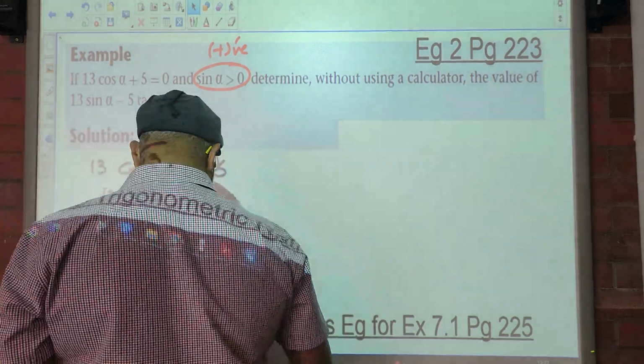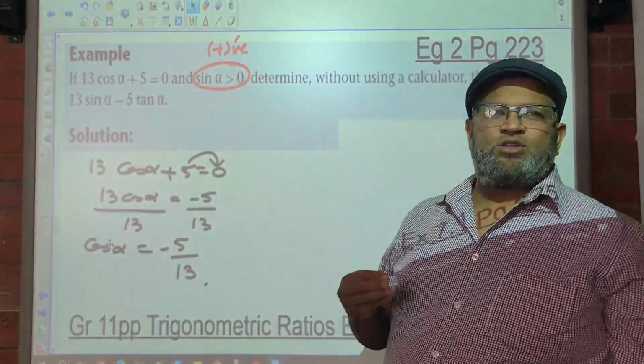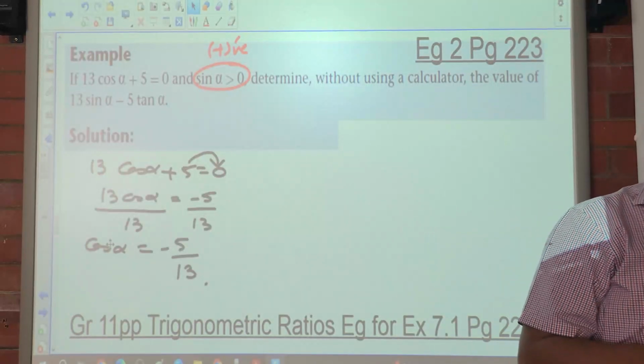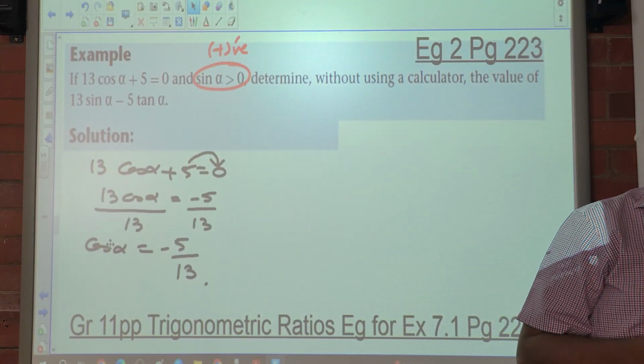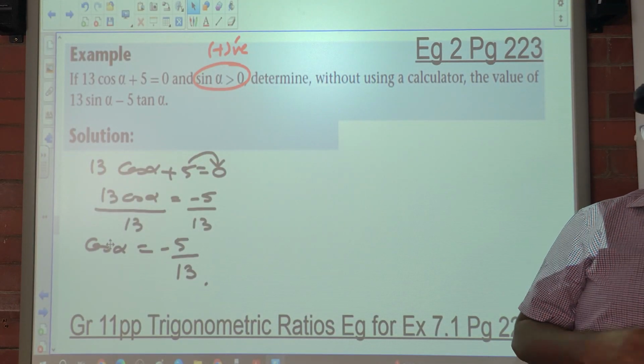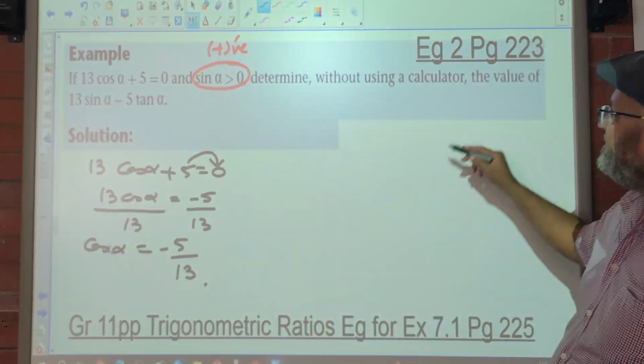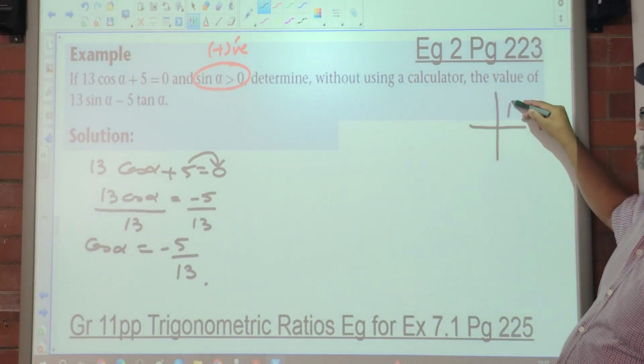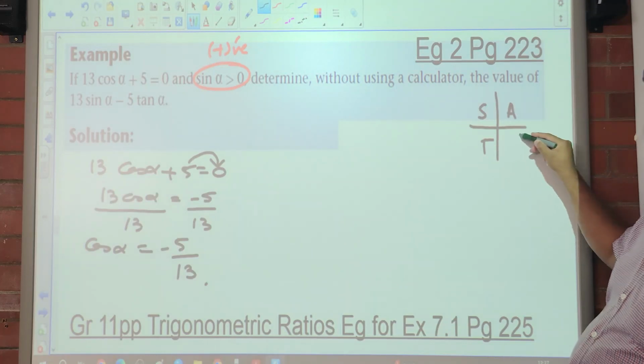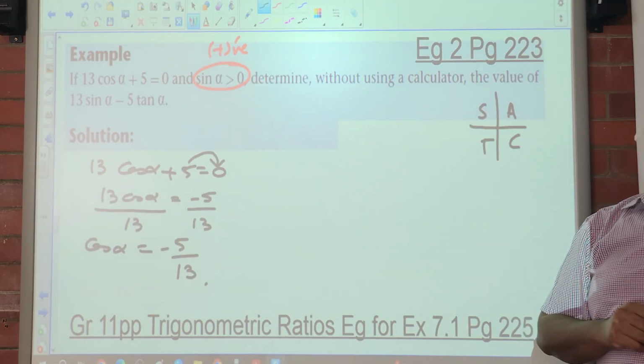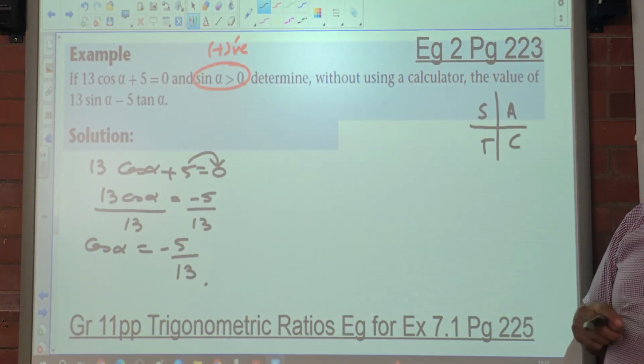Right. So now, before we draw the diagram, we need to determine in which quadrant this diagram lies in. How do I do that? I go to the cast diagram.